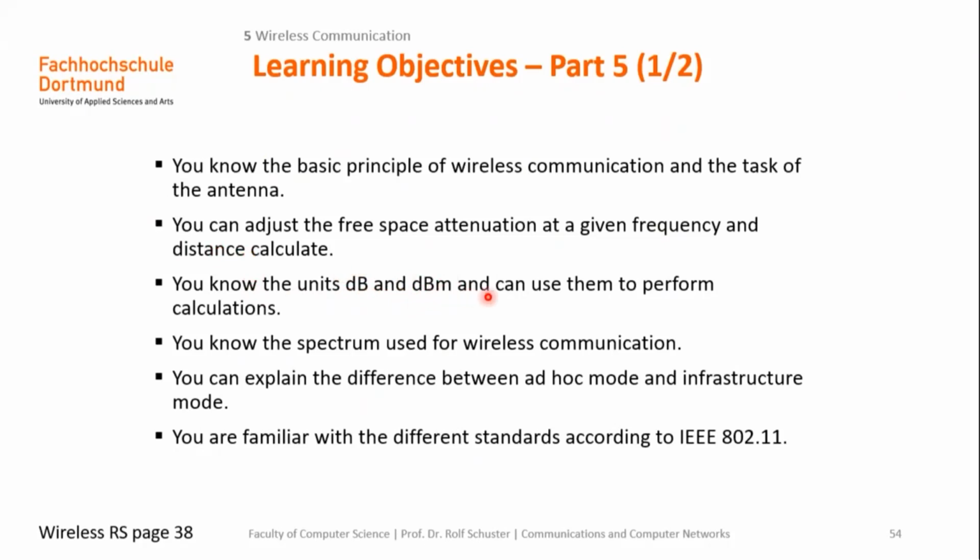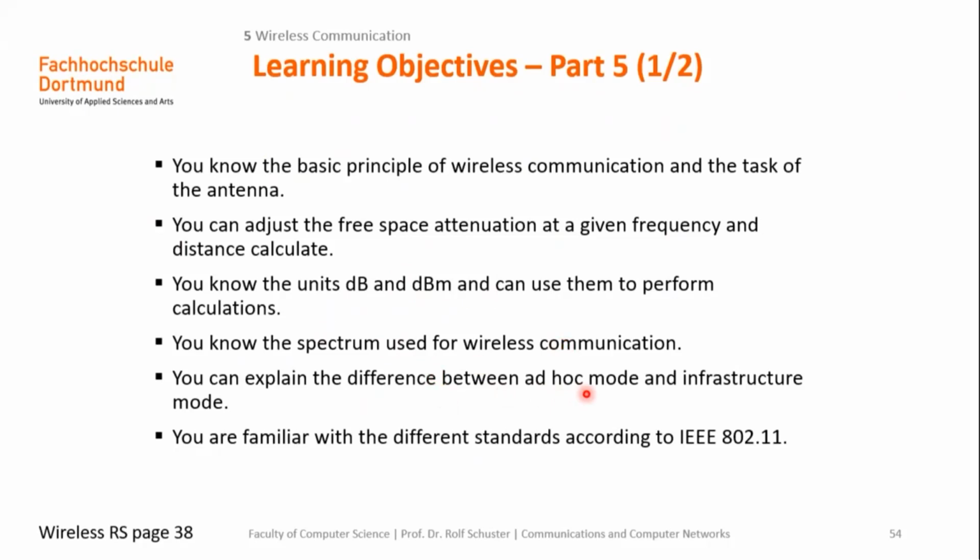And you know the spectrum used for wireless communications. Typically, we talk about the unlicensed frequency bands. You can explain the difference between ad hoc mode and infrastructure mode. Typically, ad hoc mode is, for instance, when we offer with our mobile phone a Wi-Fi zone.